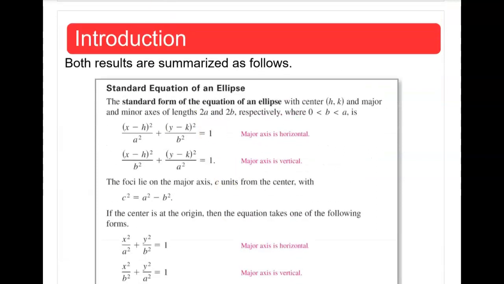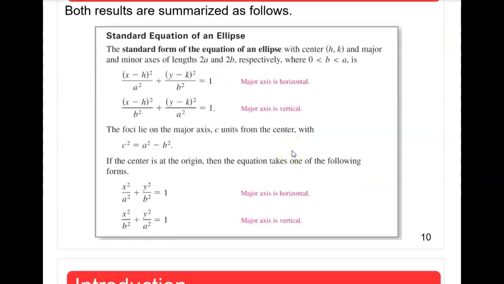So we have here for the introduction slide still, the definition again. It says the standard form of the equation of an ellipse with center at (h, k) and major and minor axes of lengths 2A and 2B. So remember, the major axis will always be, the length of it will be 2A, and the minor will be 2B.